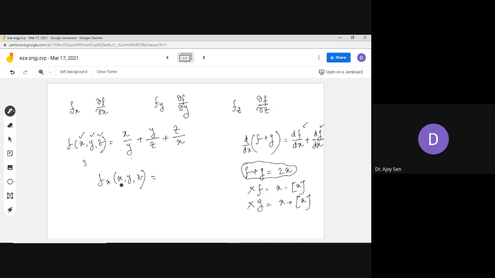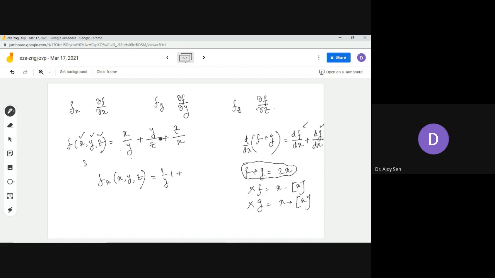So whenever you are taking derivatives, just first take the first term. This 1 by y is nothing but a constant, since you are taking the derivative partially with respect to x, because y or z are constant. So 1 by y is constant, and you are taking the derivative of this thing with respect to x. The derivative will give you nothing but 1.